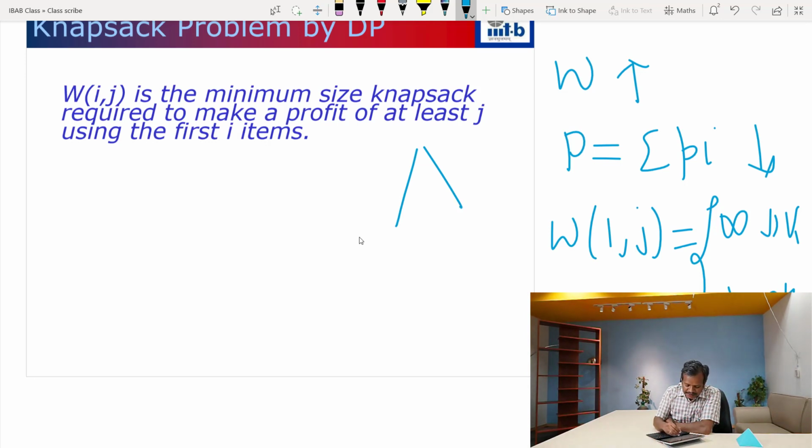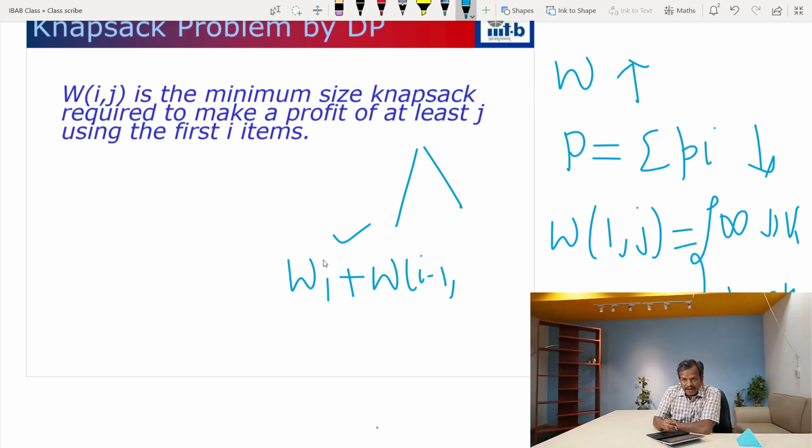Let's consider the case where I pick the ith item. If I pick the ith item, then the size of the knapsack that is required is Wi, and in the next iterations, I have to make a profit using only the first i minus 1 items. But the profit that I get if I pick this ith item is v of i, right?